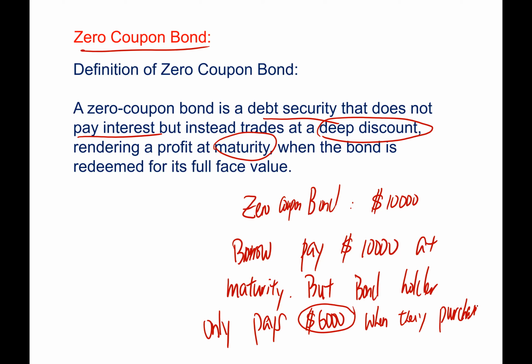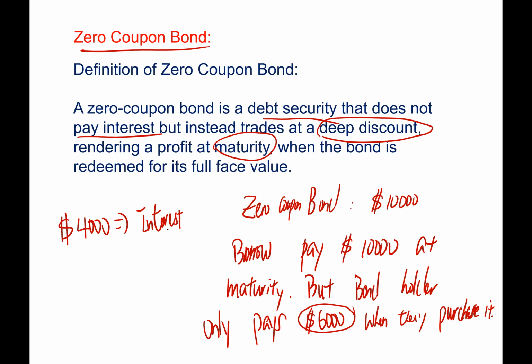So this tells us that the difference of $4,000 in this case is the interest the bondholder collects over the life of the bond. So the zero coupon bond does pay interest, but it's a one-time interest, which eventually becomes the investment return for the bondholders.